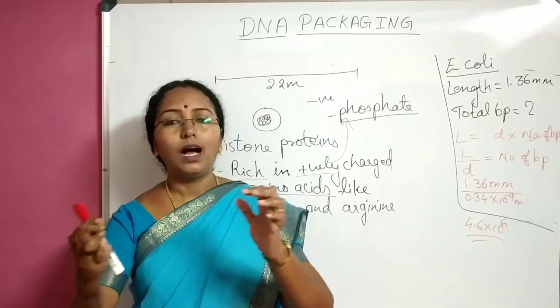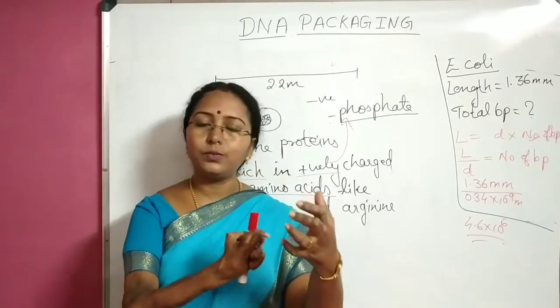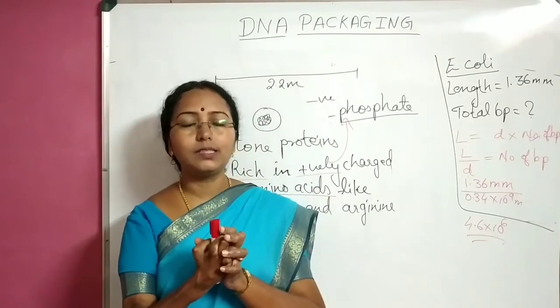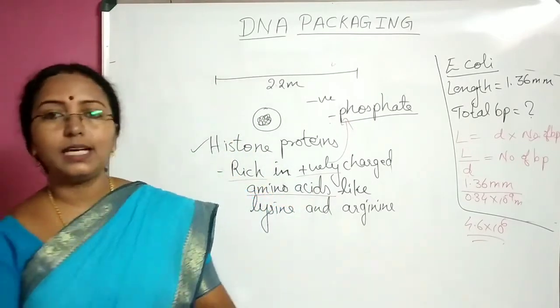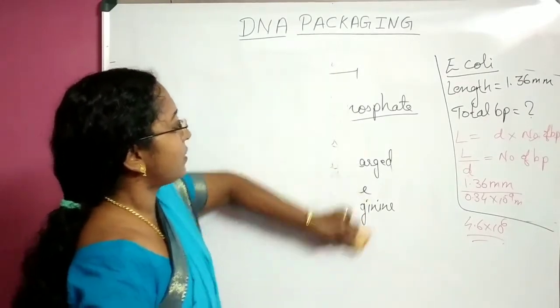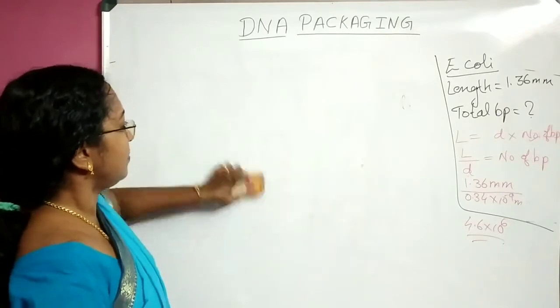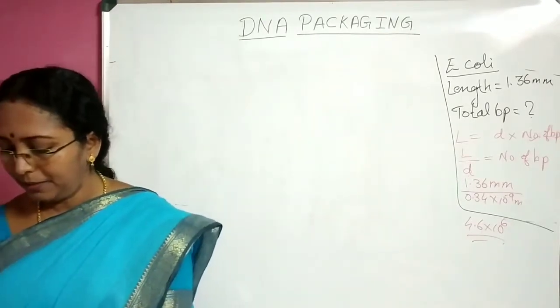Now let's see how these two are arranged. How these histone proteins are arranged with the negatively charged DNA molecule. For that, I'll have to show you another structure. Focus on this egg here.